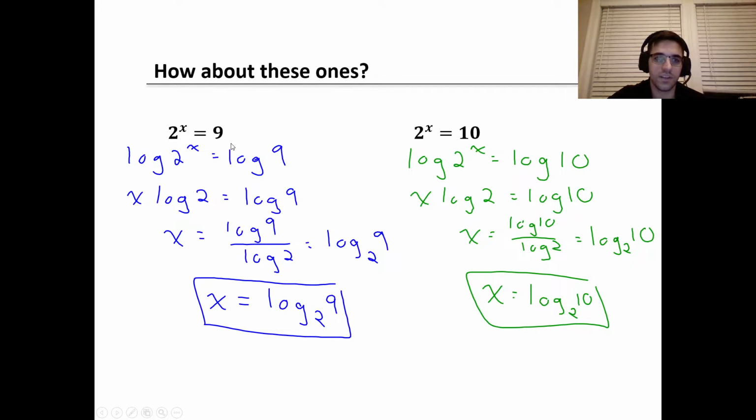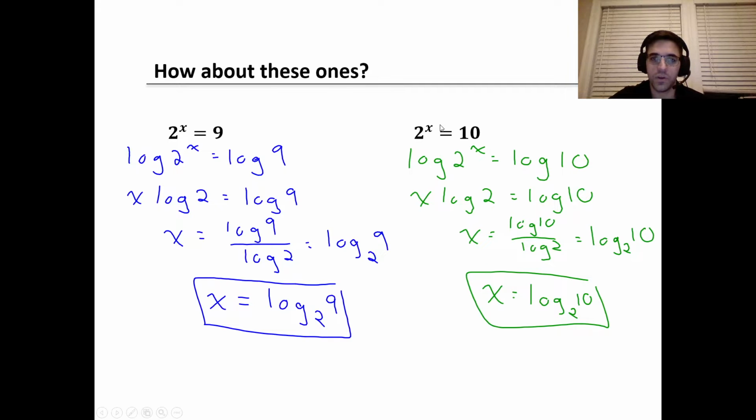I'm going to take the log of each side, Fancy Poo, and so we'll get log of 2 to the power of x equals log of 9. Bring the x out front, divide both sides by log of 2. We get x equals log of 9 over log of 2. We can simplify that as one final log. x is equal to log base 2 of 9. And so that's going to be some decimal answer. I can't do that in my head, but we don't have to because we did Fancy Poo, and that rhymed.